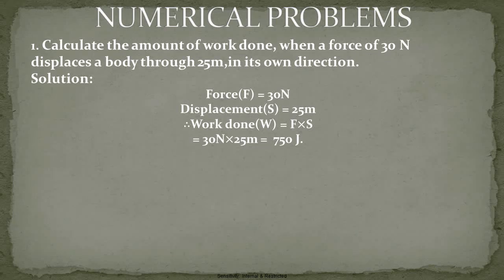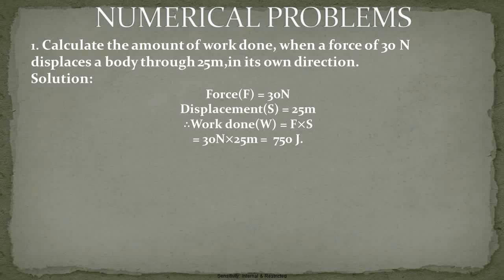Now we have to find work done, and we know the formula of work, which is denoted by W. W is equal to F into S, where F is the force and S is the displacement. Okay, now we will put in the values which are given in the question. So what is the value of F? That is 30 Newton. And what is the value of displacement?